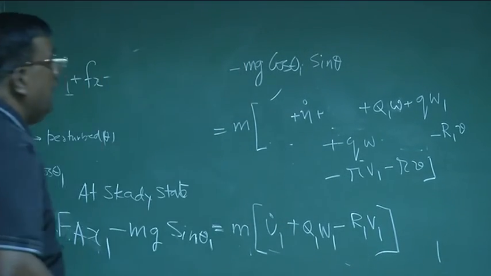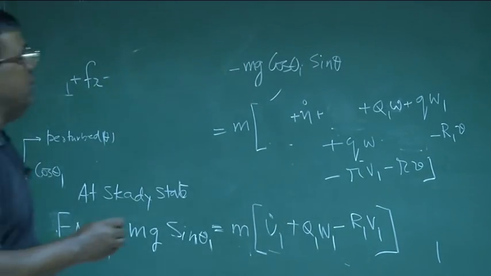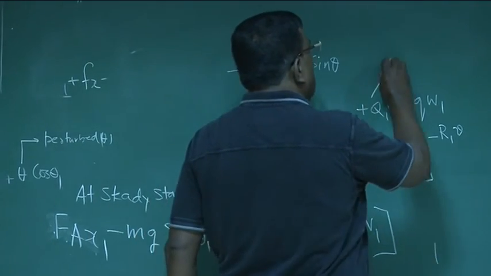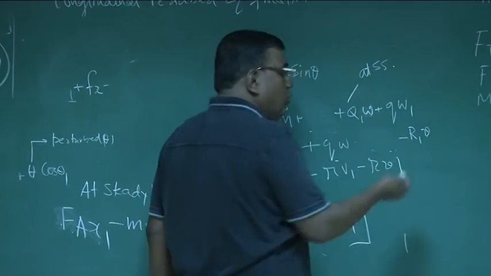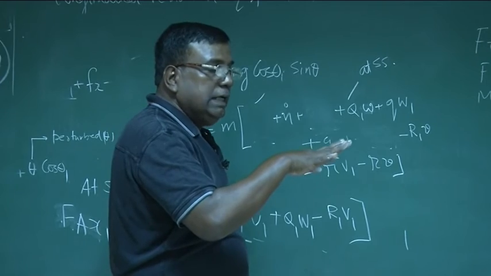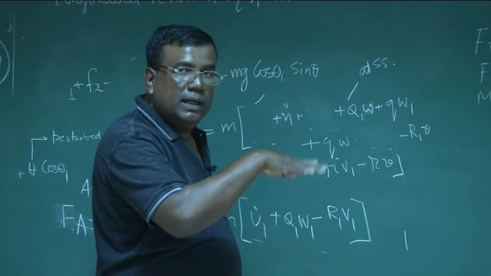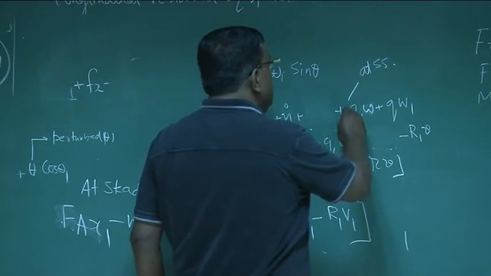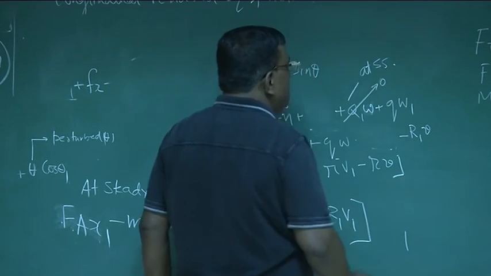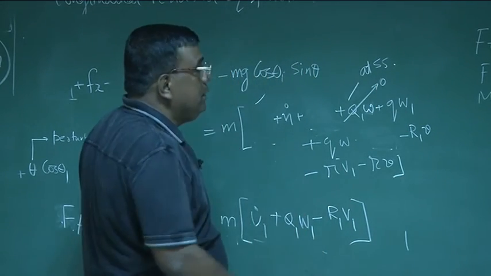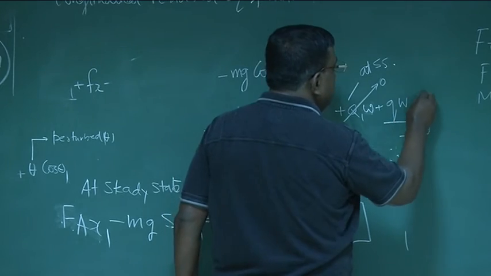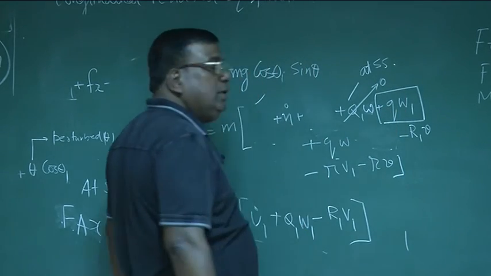Now remember, at steady state, what is the value of q1? At steady state, at equilibrium, it's going like a cruise. At cruise, is there any q? Is there any pitching rate? No. So this also vanishes. But can I say the same thing about the term q w1?